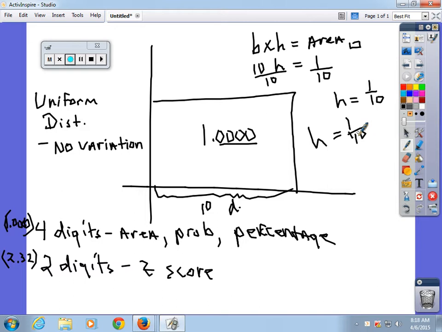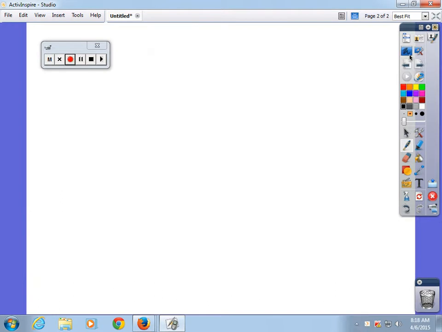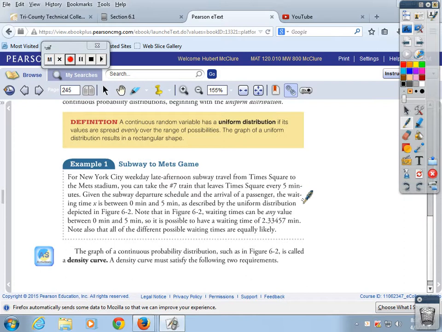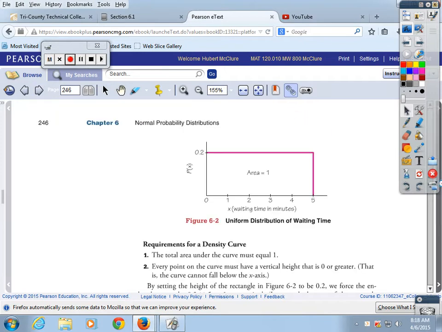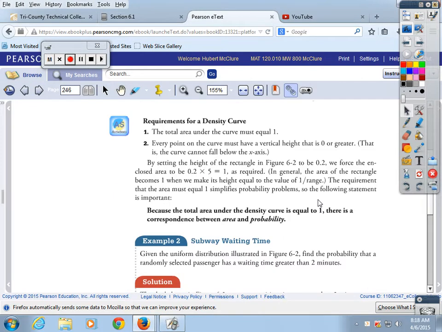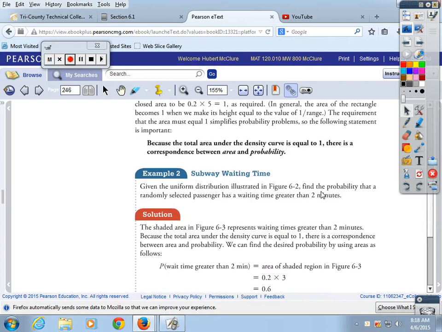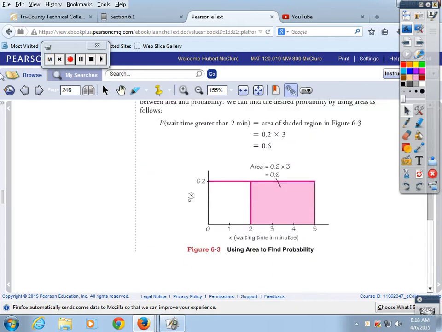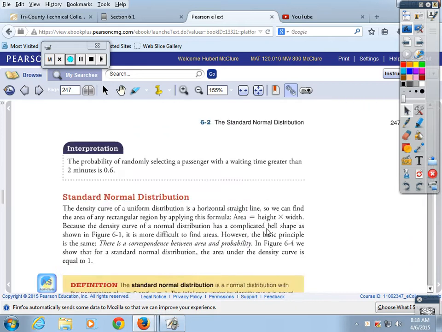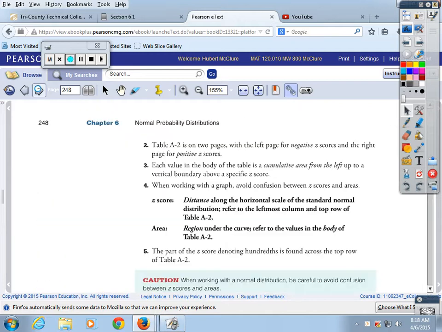Example. They usually give you an example with minutes of a class or something like that. Let's see if I can find one. I guess you're not going to give us one, so I'll have to find one in the homework.